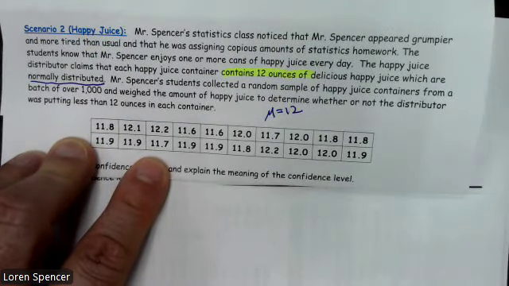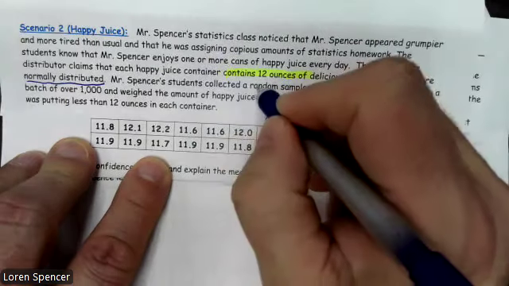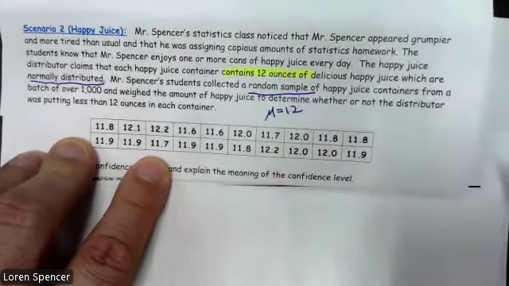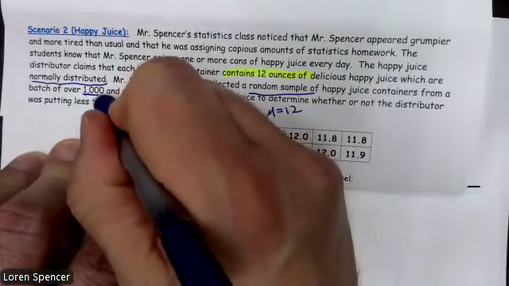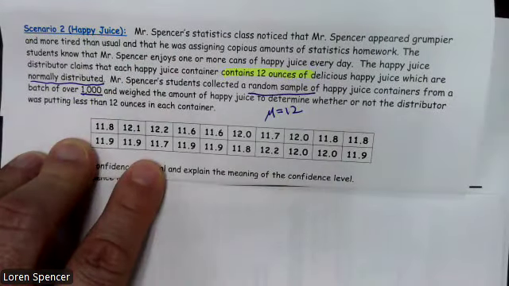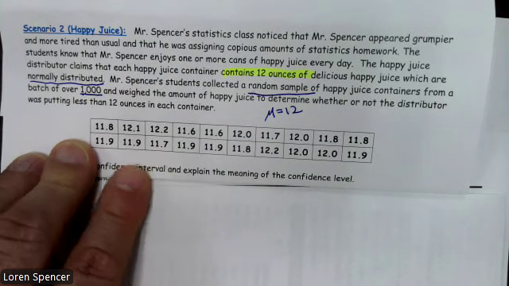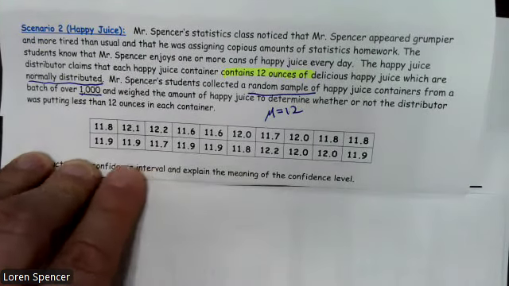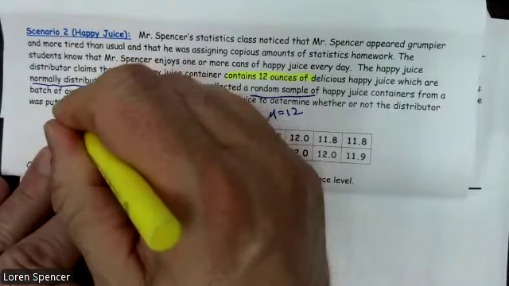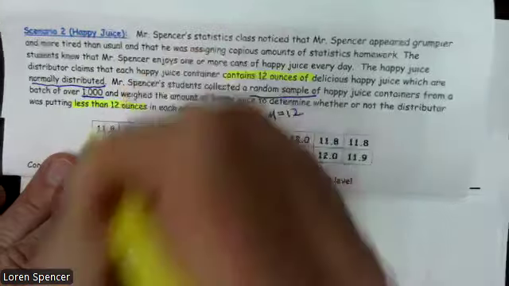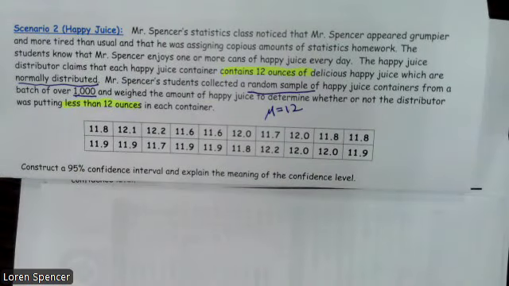Mr. Spencer's students collected a random sample of Happy Juice containers from a batch of over 1,000. So we have a population size of 1,000, and weighed the amount of Happy Juice to determine whether or not the distributor was putting less than 12 ounces. So this right here sounds like my alternative hypothesis if we were running a hypothesis test.